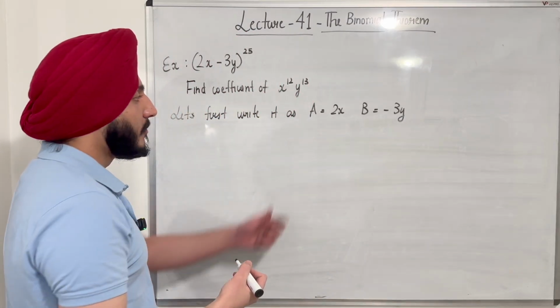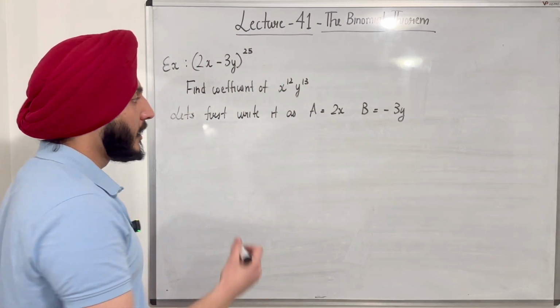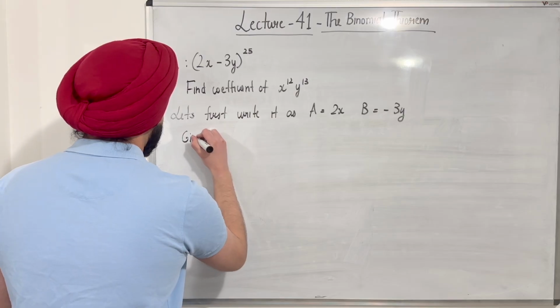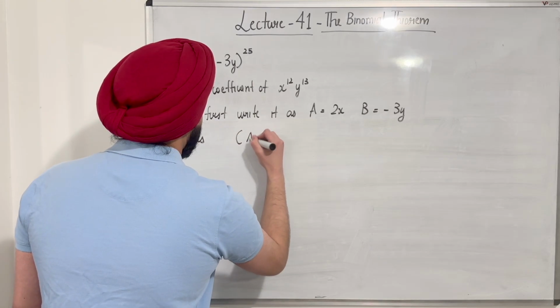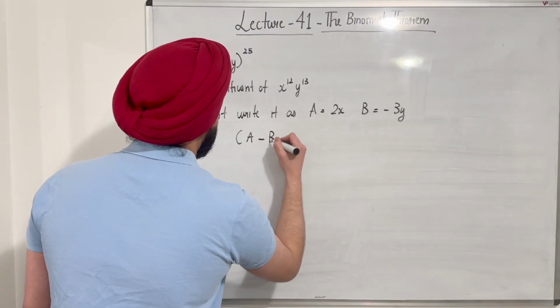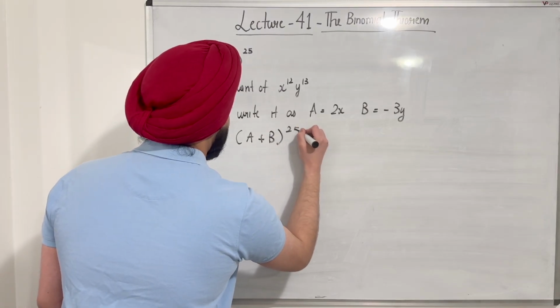So I'm just representing a with 2x and b with minus 3y. This gives me (a plus b) to the power of 25, right?